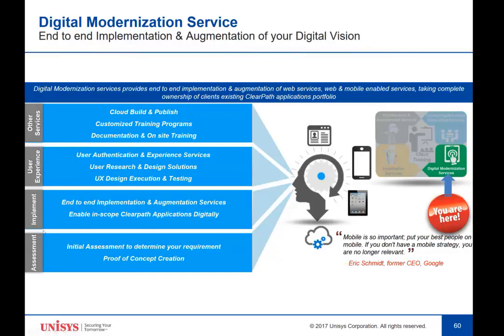This service includes phases like assessment, proof of concept, implementation, user experience design, and training. Unisys digital expertise will be with you starting from strategy formation to execution to provide the shortest application modernization lifecycle, ensuring minimal business disruption. With this, the services section of the presentation is over.